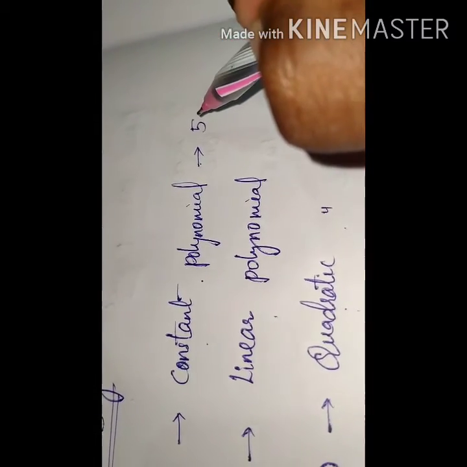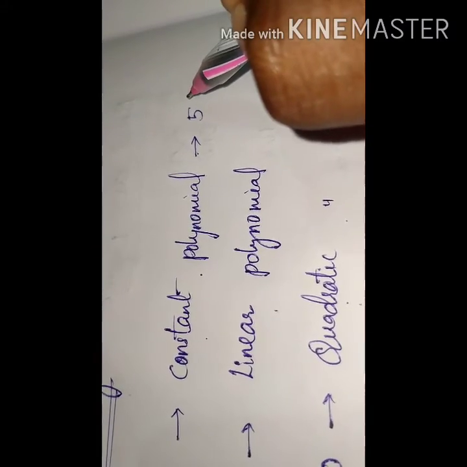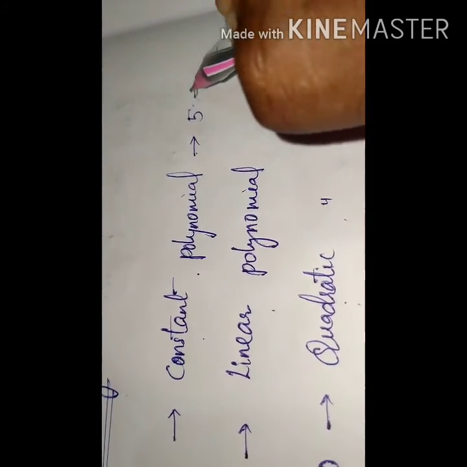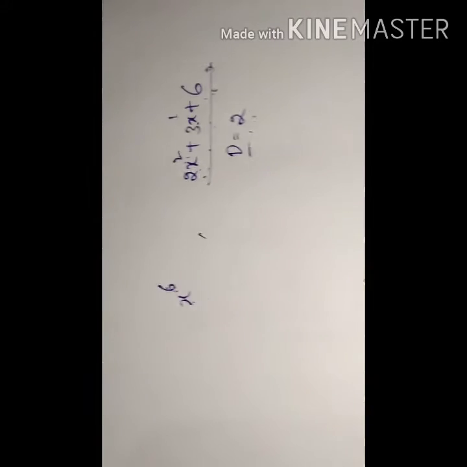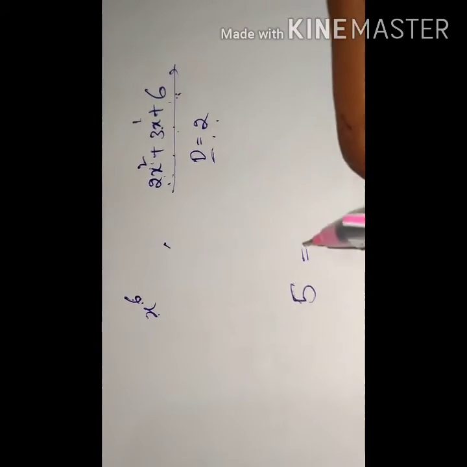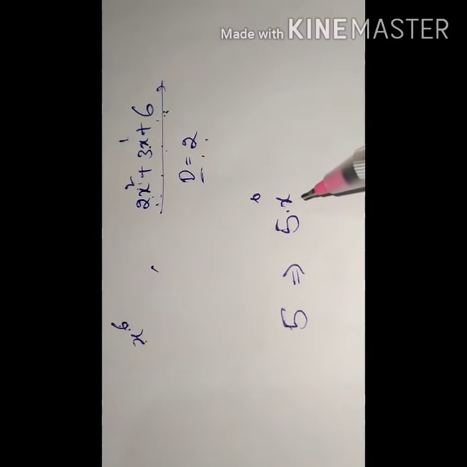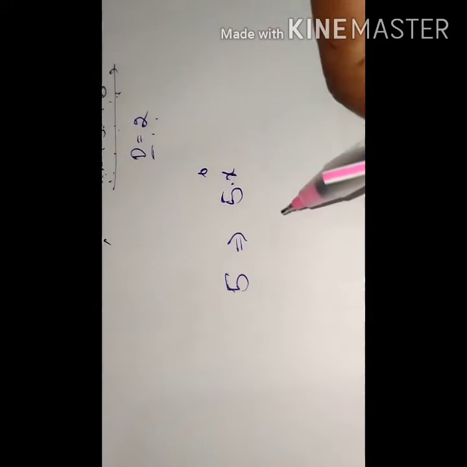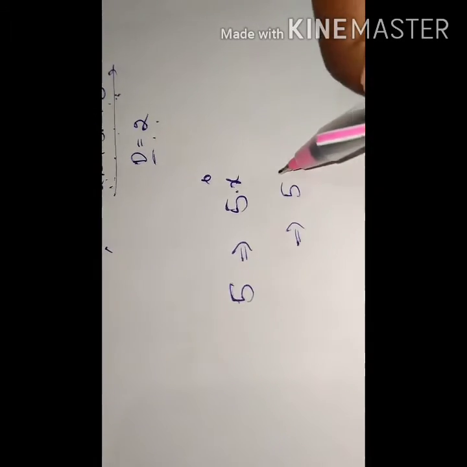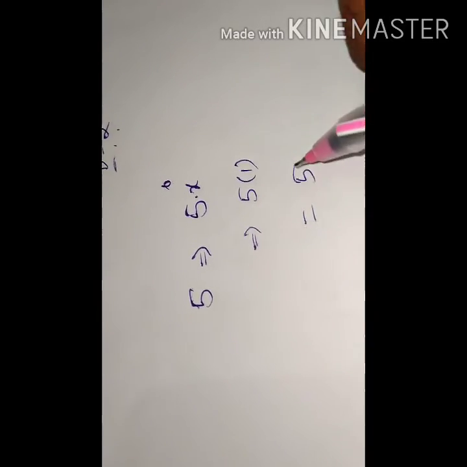Why? See, this 5 can be considered as 5 into x power 0. What is the value of x power 0? 1. 5 into 1, 5.